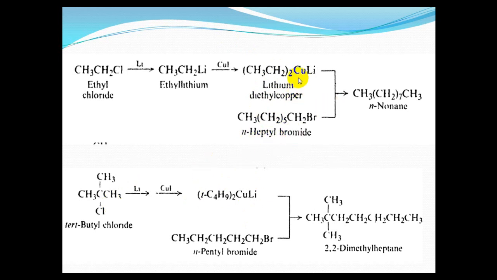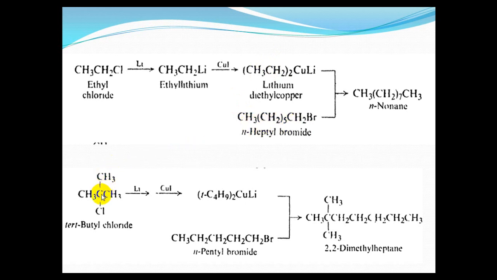Okay, coupling between two compounds will give a normal nonane. The number of carbon atoms in this alkane is 9. This equals the sum of 2 from this part and 7 from this part.